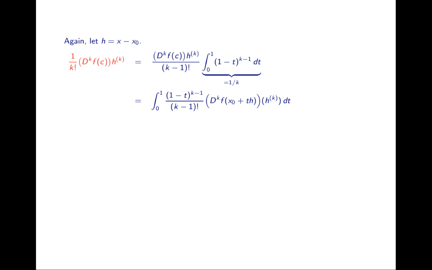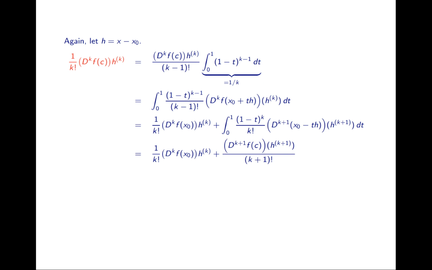So this equality follows by again applying the generalized mean value theorem. Integration by parts will get me this new term, and the mean value theorem will get me this term. So I've achieved my result so long as this new remainder term converges at the correct rate. So let's consider.